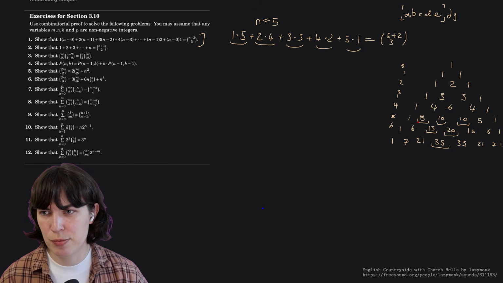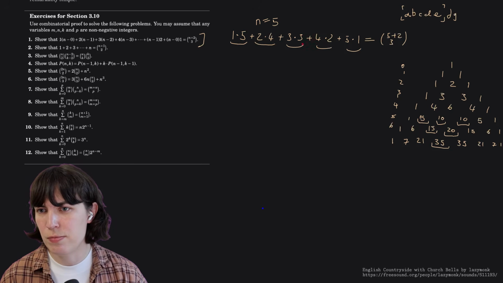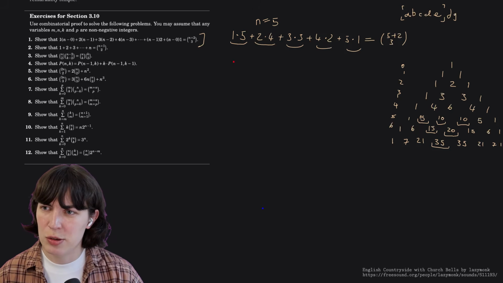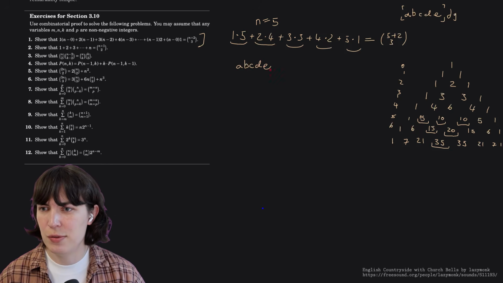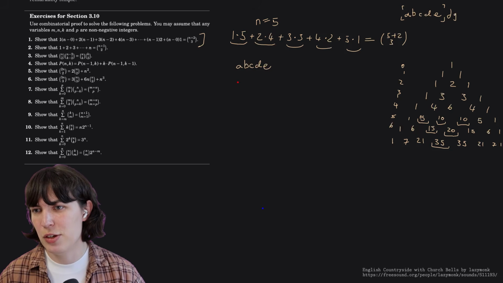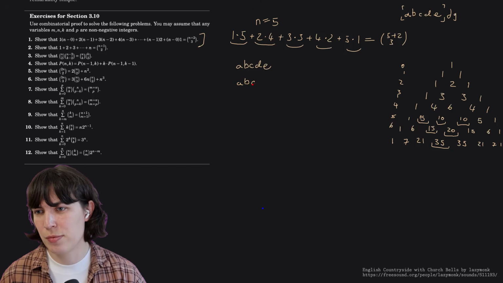Anyway, so we could choose A, B, C, D, E. Well, there's actually 4 ways.